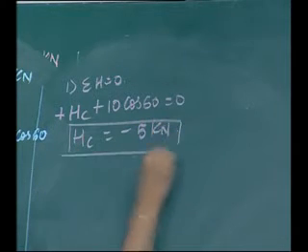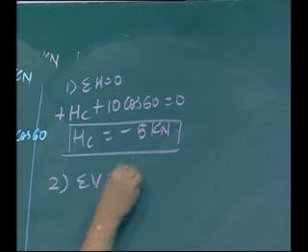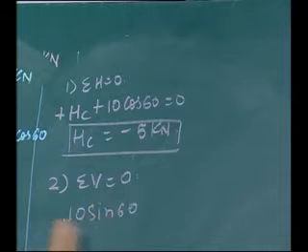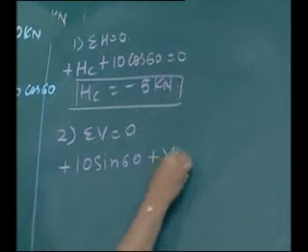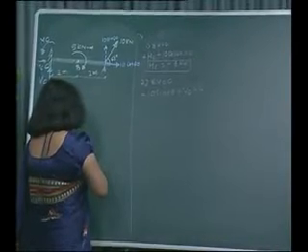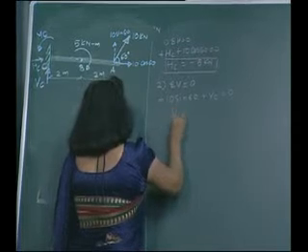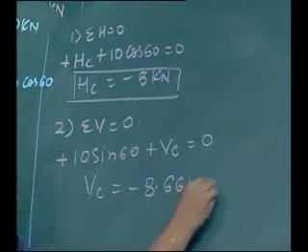Then our second condition of equilibrium, sigma V is equal to 0. 10 sin 60 in the vertical upward direction is positive and Vc also in the vertical upward direction is positive, that is equal to 0. So it will be 8.66 plus Vc, that will be equal to minus 8.66 kilonewtons.